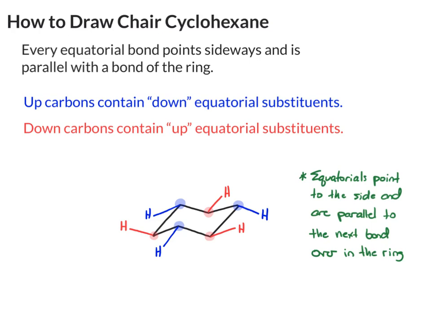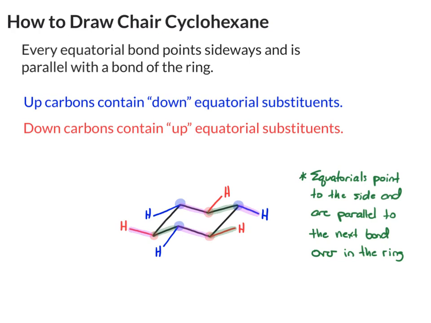Okay, so if we start with this bond here, it's going to be parallel to these bonds in the ring. This equatorial is also parallel to that one. Next, let's look at this bond. It's parallel to this bond of the ring and this bond of the ring.